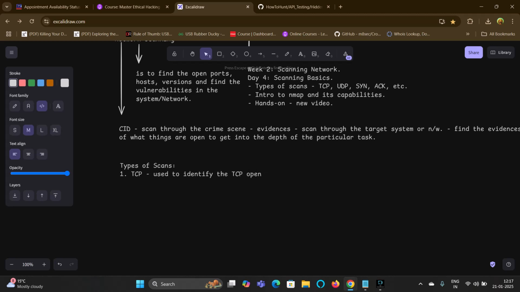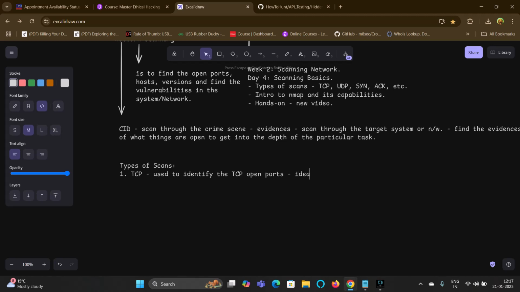TCP is basically Transmission Control Protocol, and if you are in cybersecurity, you would have read about networks, protocols, topologies and everything, so you might be a little bit aware of TCP. That is the task of the TCP scan: to identify TCP open ports.